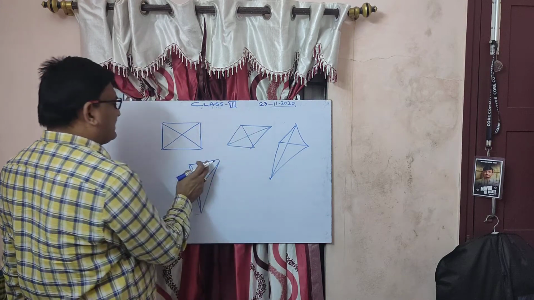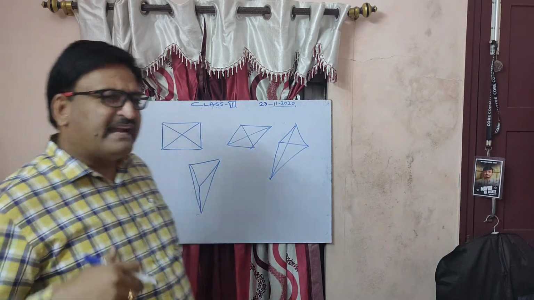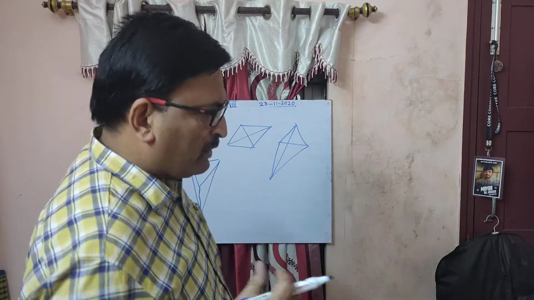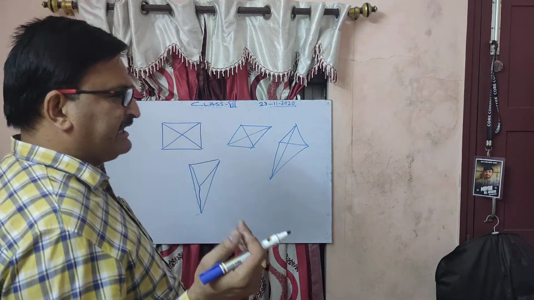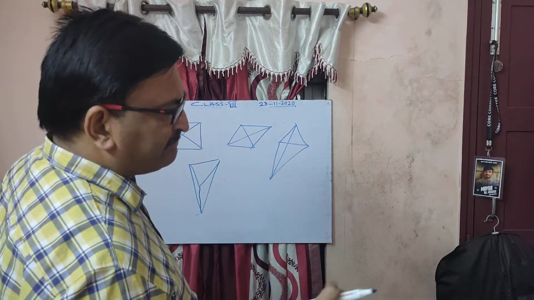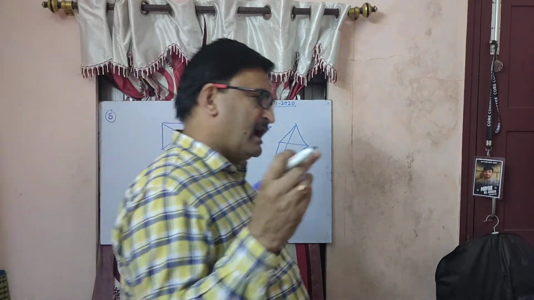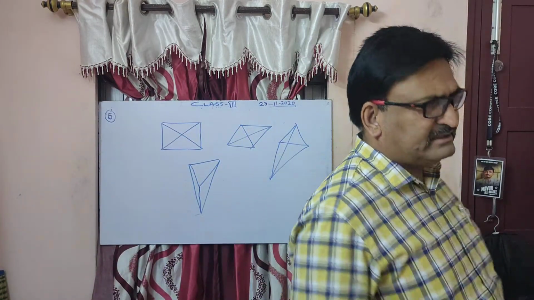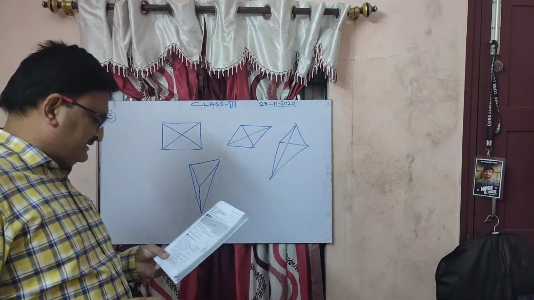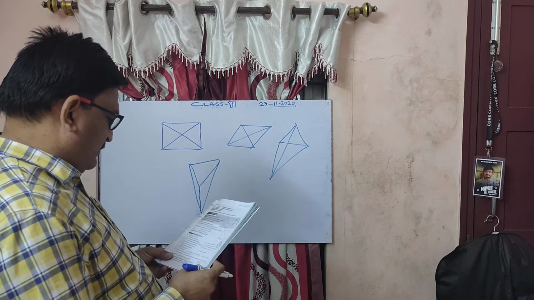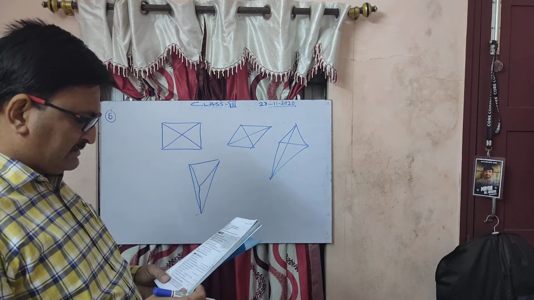Now, where is this diagonal? This is outside the figure, exterior of the figure. If the diagonals are outside the figure, then such figures are known as concave quadrilaterals.